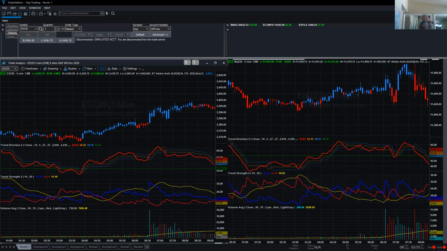This was June. A lot of trades, a lot of big trades, some losses. 20-point loss on the ES. It's $1,000. This was a 58-point loss on the NQ on the 11th, but we got it back on the 12th very nicely.